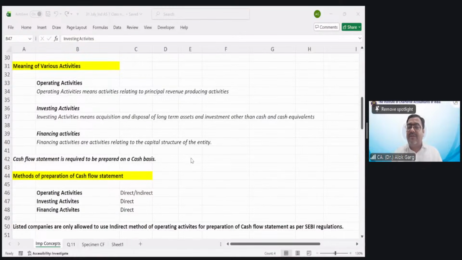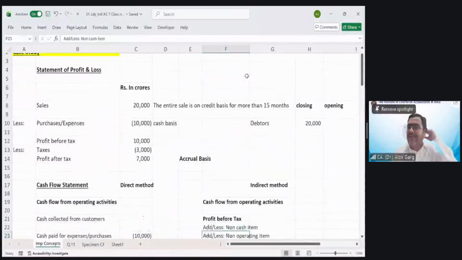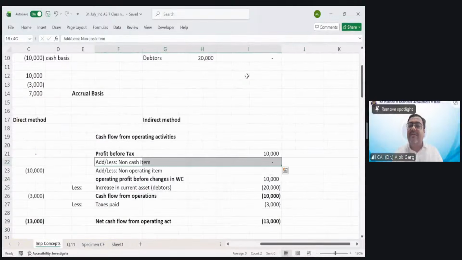So you will start your cash flow with the profit before tax, right? Will you adjust this unrealized gain on the investment? Yes, add or less non-cash items. Assuming this 10,000 crore is profit, and in this profit there is 500 crore of unrealized mark-to-market gain. So what is the adjustment of that unrealized mark-to-market gain? Whether it has to be added or deducted.